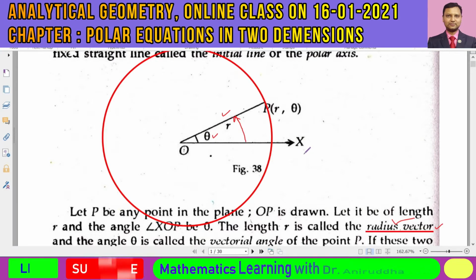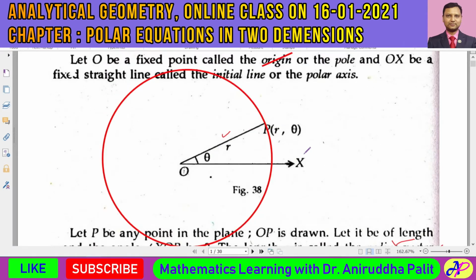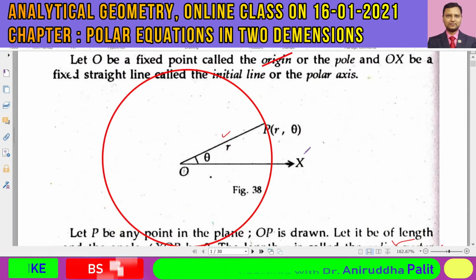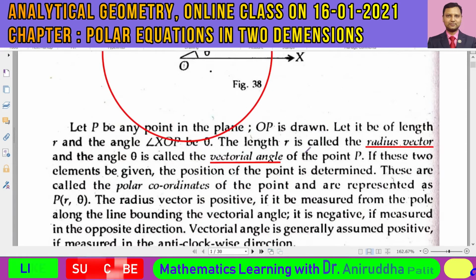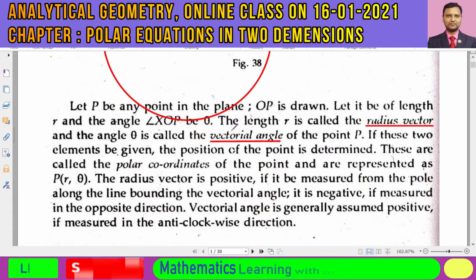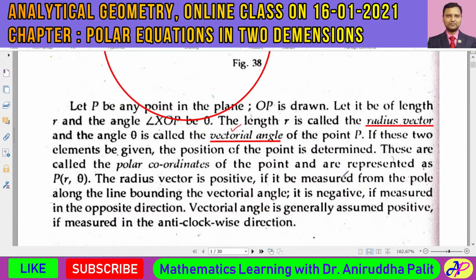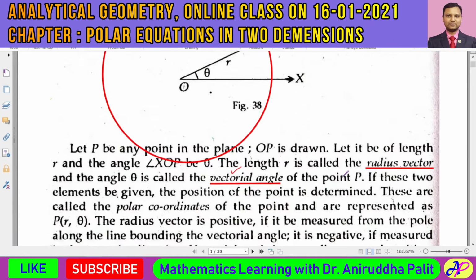Remember, this angle is always measured in the anti-clockwise direction. The anti-clockwise direction is taken as the positive direction in this kind of measurement, and the clockwise direction is taken as the negative direction. This is the vectorial angle theta.